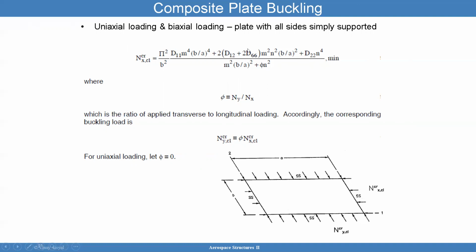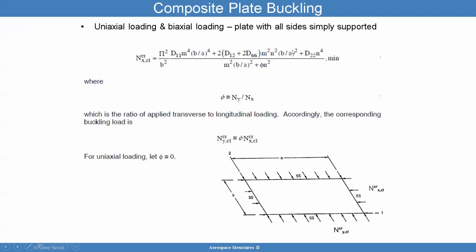And you see a lot of variables here. What you need to do is find m and n to minimize N. That's how that works. D11, D12, D66, D22. If you haven't taken my composites course, you can take it or watch some of the YouTube videos I have on that. The stiffness matrix for composites is fully known, so these numbers are fully known.